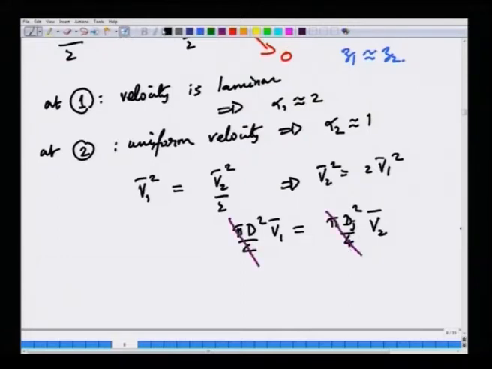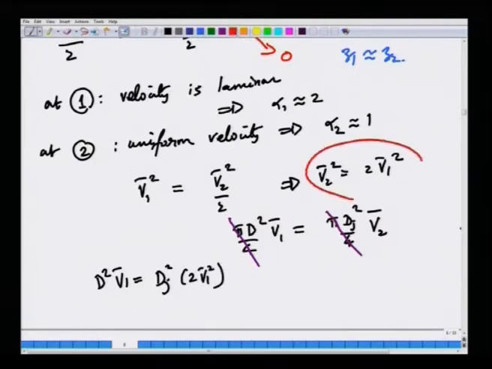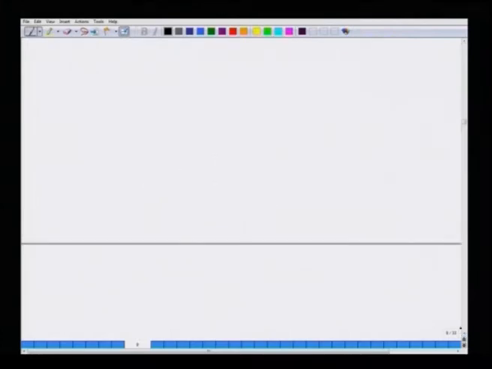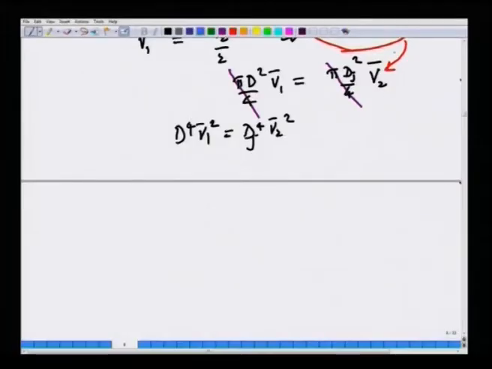So, you get d squared V1 is equal to dj squared times V2, and V2 squared is 2 V1 squared from here, which I am going to substitute. Before I do that, let us first square the equation. So, we will get d to the 4 V1 squared is dj to the 4 V2 squared. Now I am going to substitute V2 squared here.